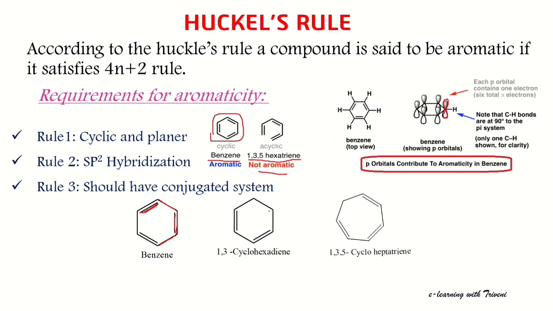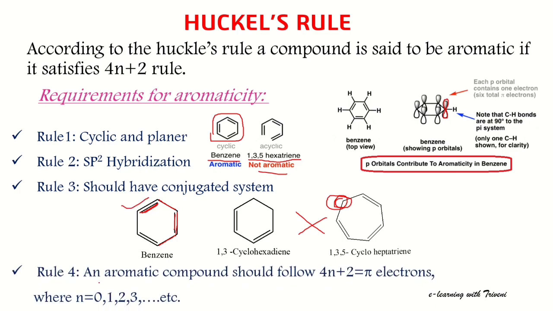So 1,3-cyclohexadiene and 1,3,5-cycloheptatriene are not aromatic, while benzene is aromatic. Coming to rule 4, an aromatic compound should follow 4n plus 2 pi electrons, where n is an integer. Integer means it may be 0, 1, 2, 3 and so on.